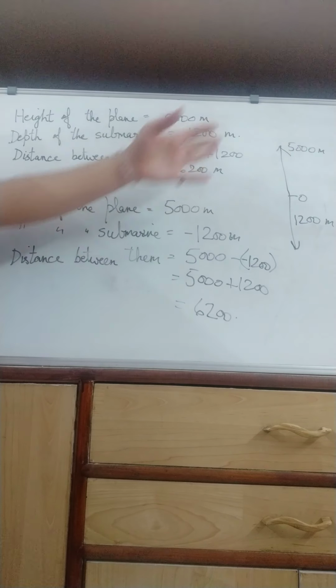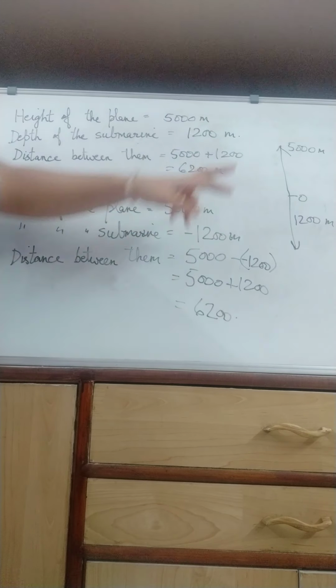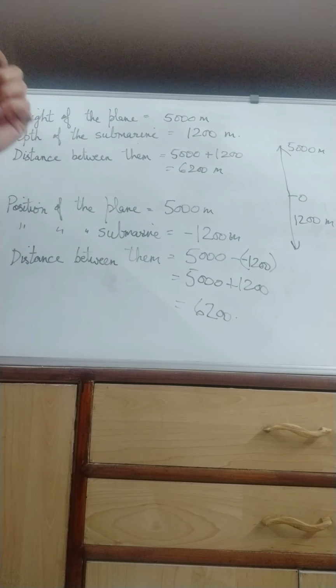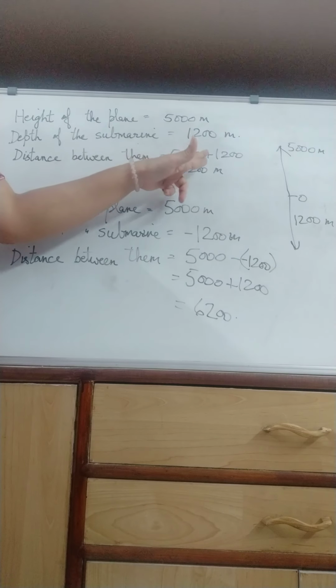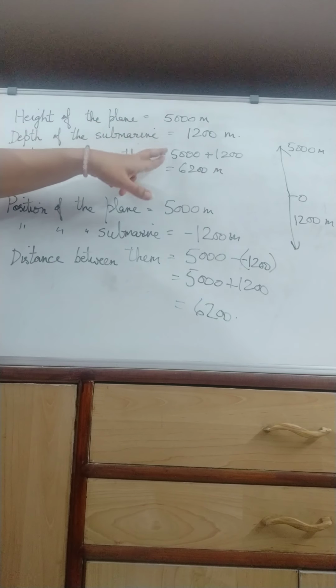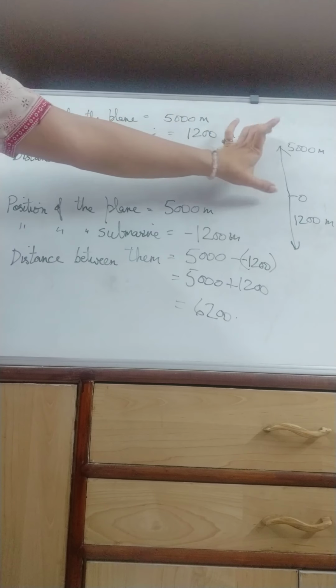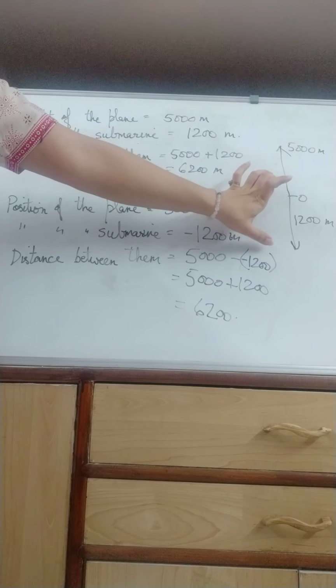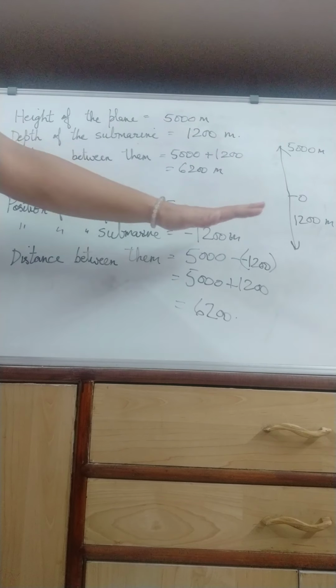Now, since we want the distance between them, distance between any two points will always be this minus this. I know you have to understand it well. Here you would say I have added, here I am subtracting, because here it is just this distance and this distance, 5000 and 1200. I am simply adding.